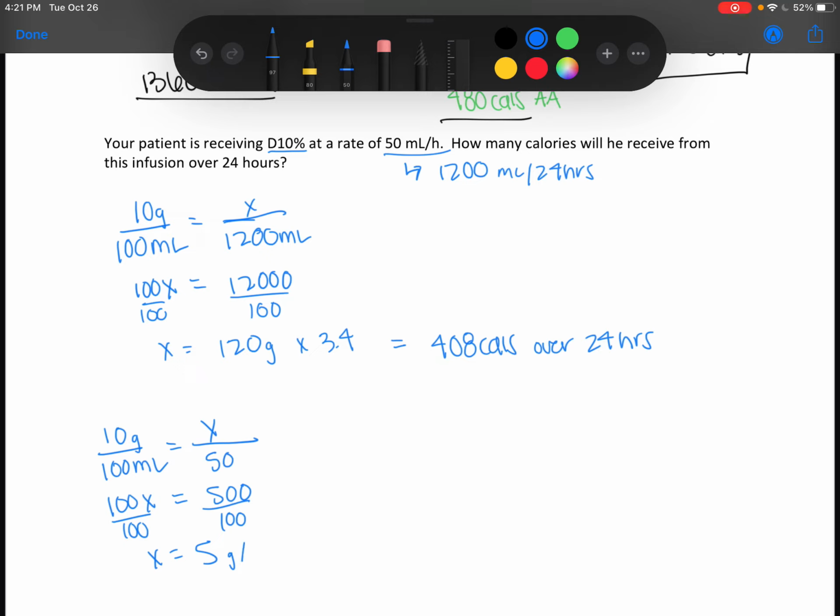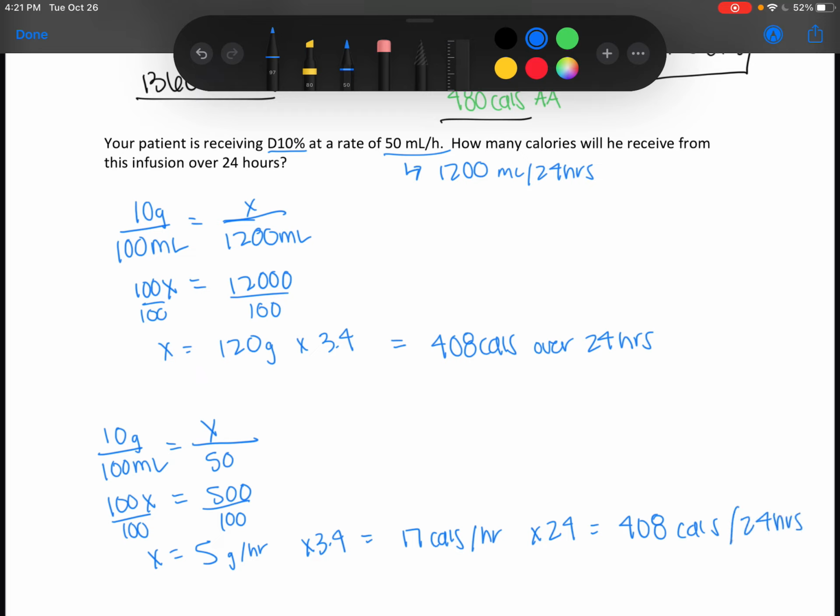That's grams per hour. So now you can multiply that by 3.4, and we get 5 times 3.4 equals 17 cals per hour. Then we can multiply that by 24, and we get 408 cals for the 24 hours.